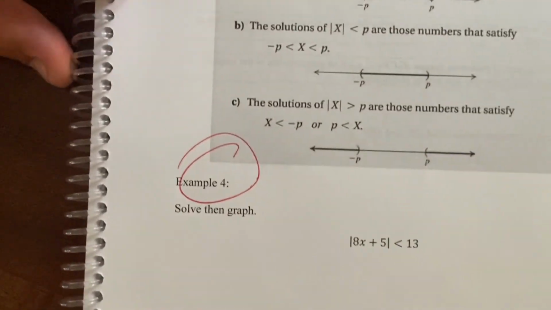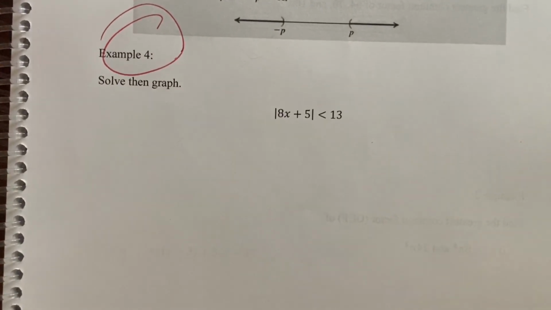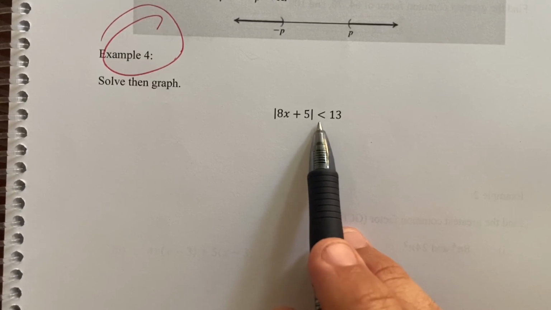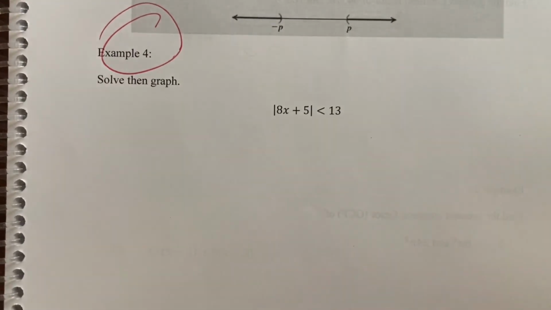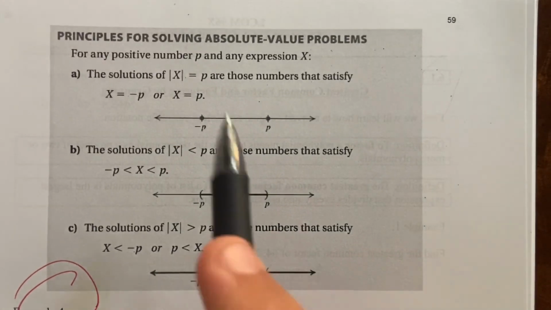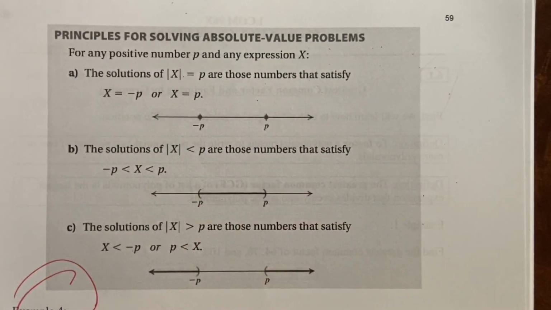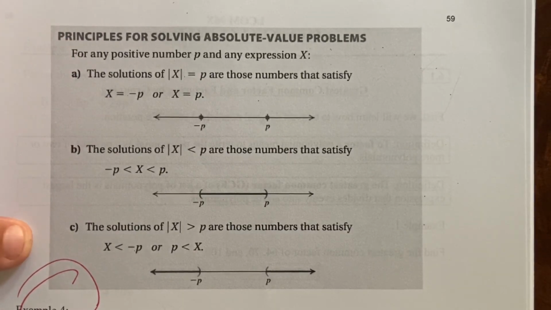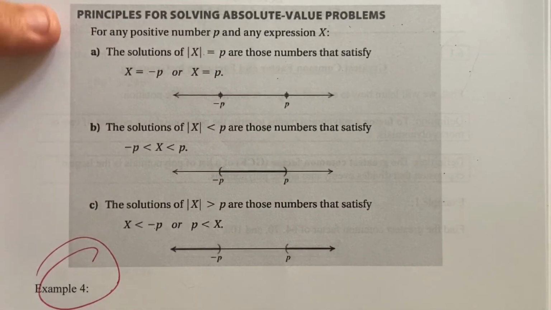One more. Here's where we're putting both pieces together. Here's an absolute value, and now it's not an equation, it's an inequality. I'll refer up to this piece of information up here to solve these types. I'm first going to figure out which branch this is.